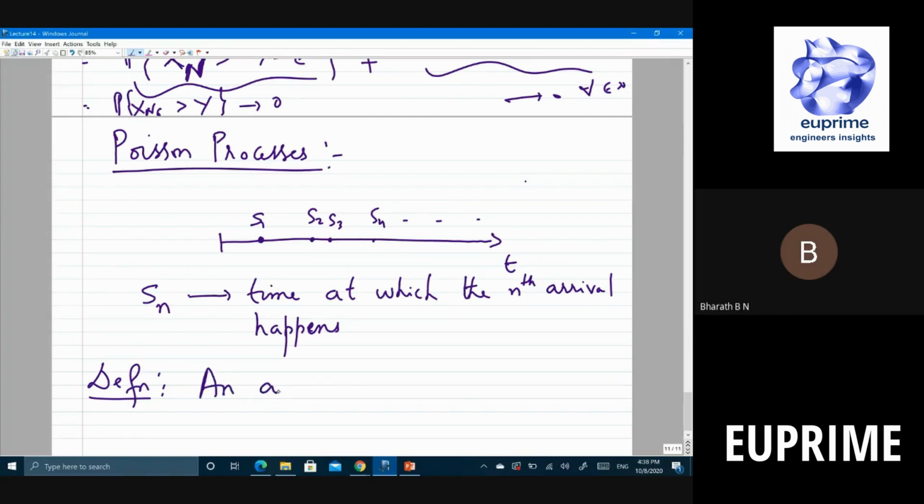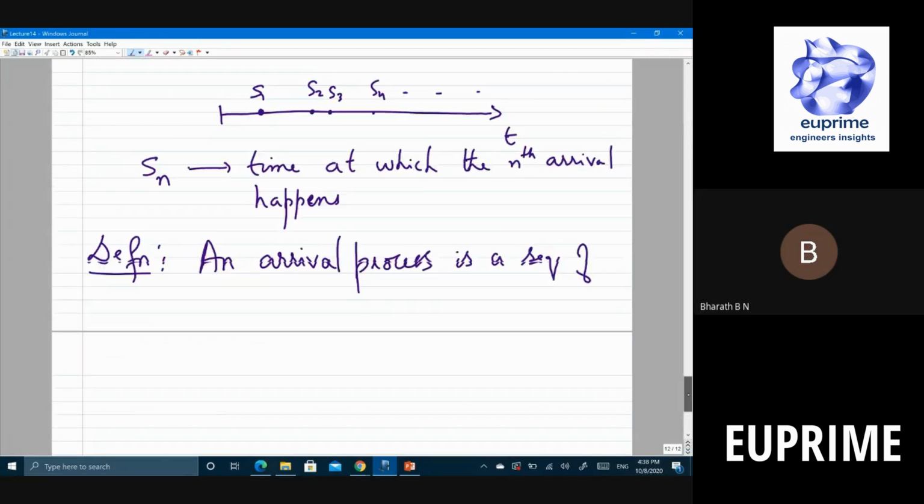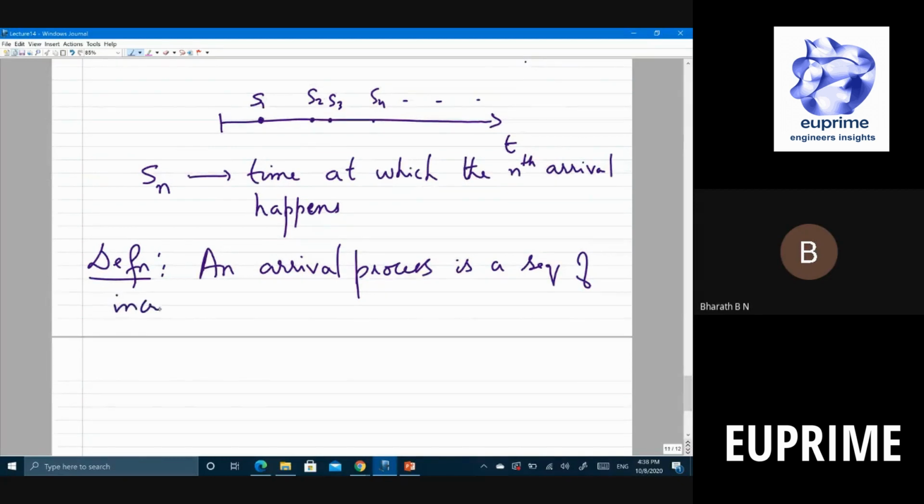So an arrival process is a sequence of increasing random variables: 0 less than S1 less than S2 and so on.